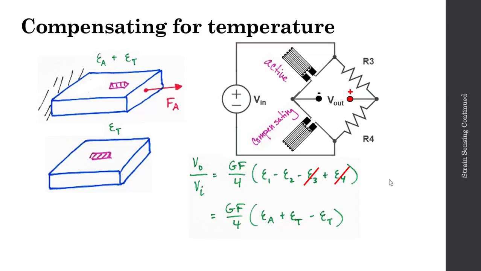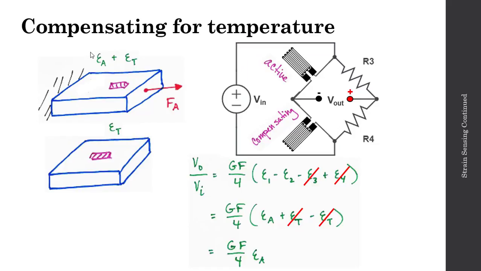Epsilon 1 in this case will be equal to epsilon sub A, the strain due to the axial load, plus epsilon sub T, the strain due to the equivalent thermal load, minus epsilon sub 2, which will be, once again, the strain due to the thermal load. So my epsilon sub T's will cancel, and I'm left with a description of the output voltage divided by the input voltage equal to the gauge factor over 4 times my strain due to the axial load.